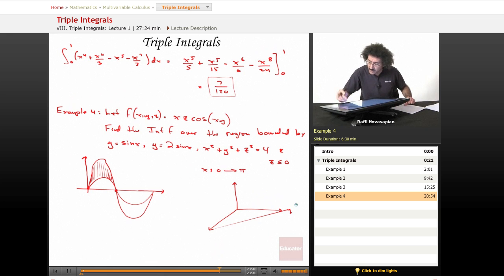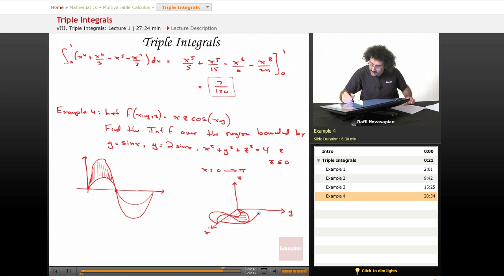So remember, this is x, this is y, this is z. So y equals sine x, and that's sine 2x, so this is the region. And then of course we have everything below that, so we have the sphere.